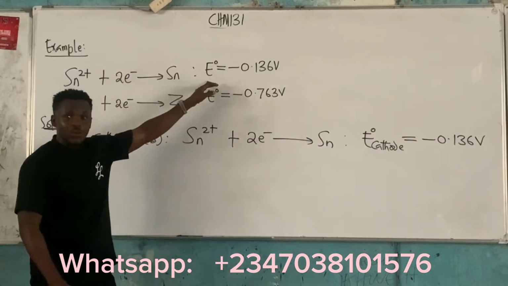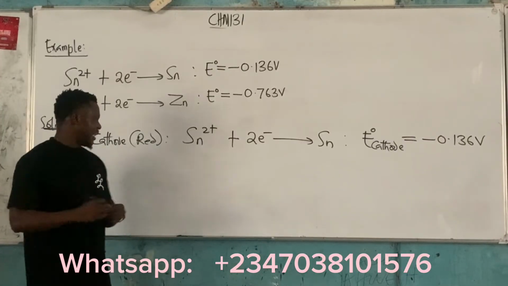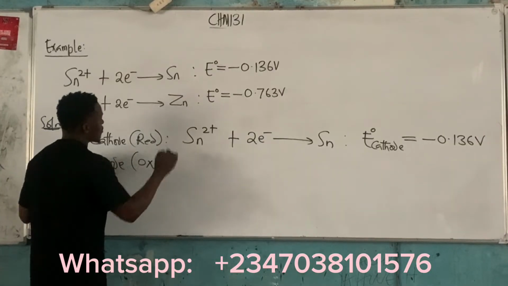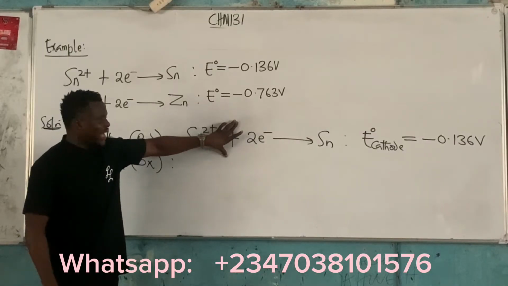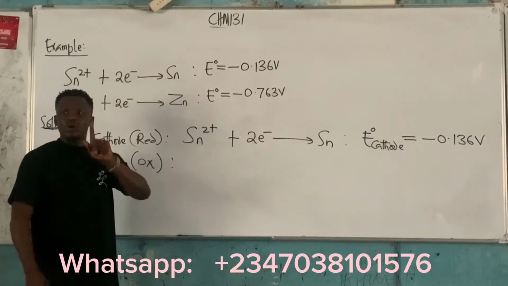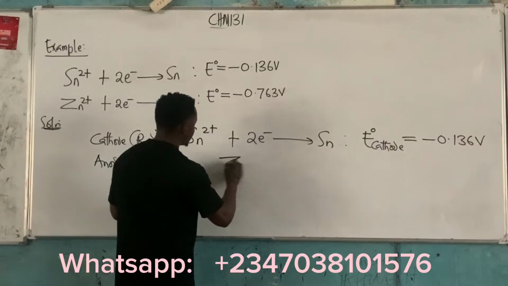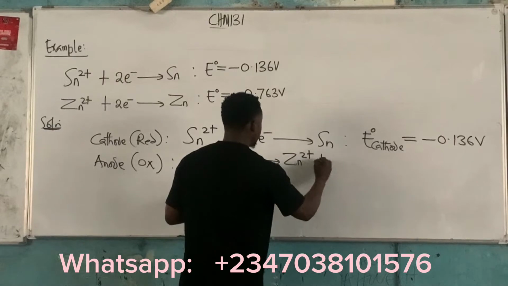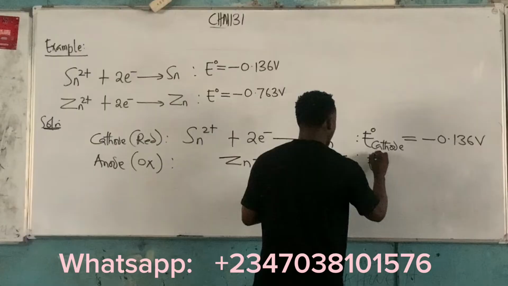Once you've identified the one that is the smallest, the other one becomes the anode, automatically. So here we have the anode. Please, in the anode, once you've identified the one that is the cathode, the other one you must reverse. It's a must. You must reverse the other one. So this becomes Zn, Zn2+ plus 2 electrons. Now this is now what?